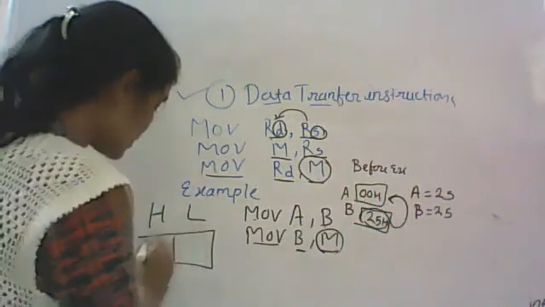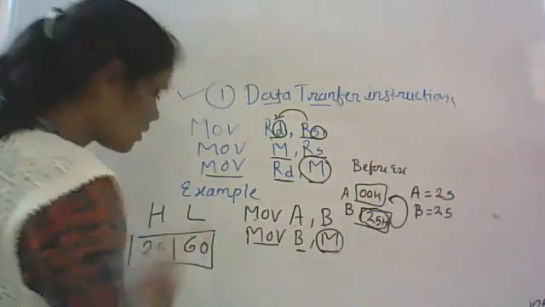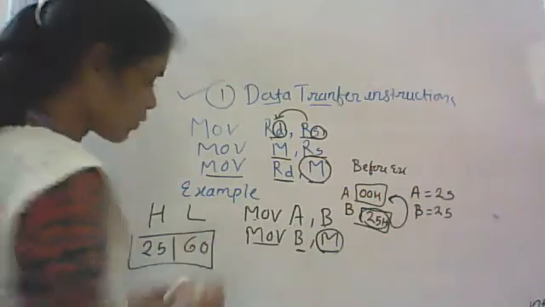For example, the HL register pair contains 2560 hex.